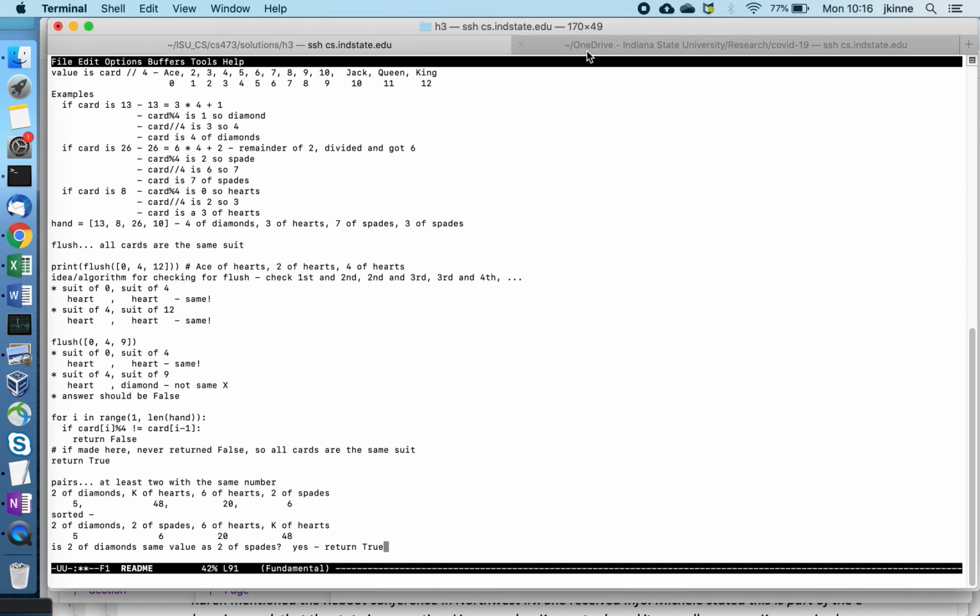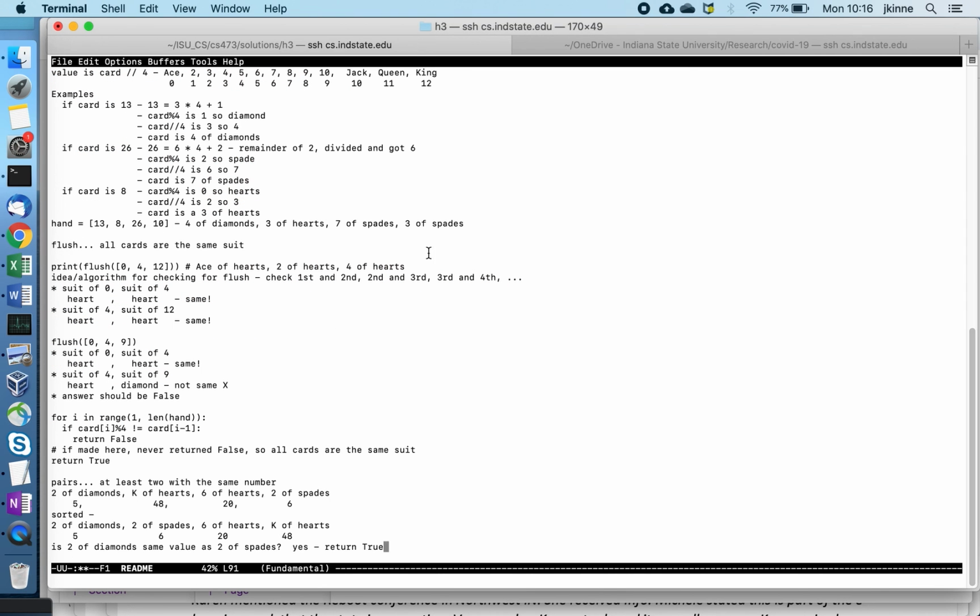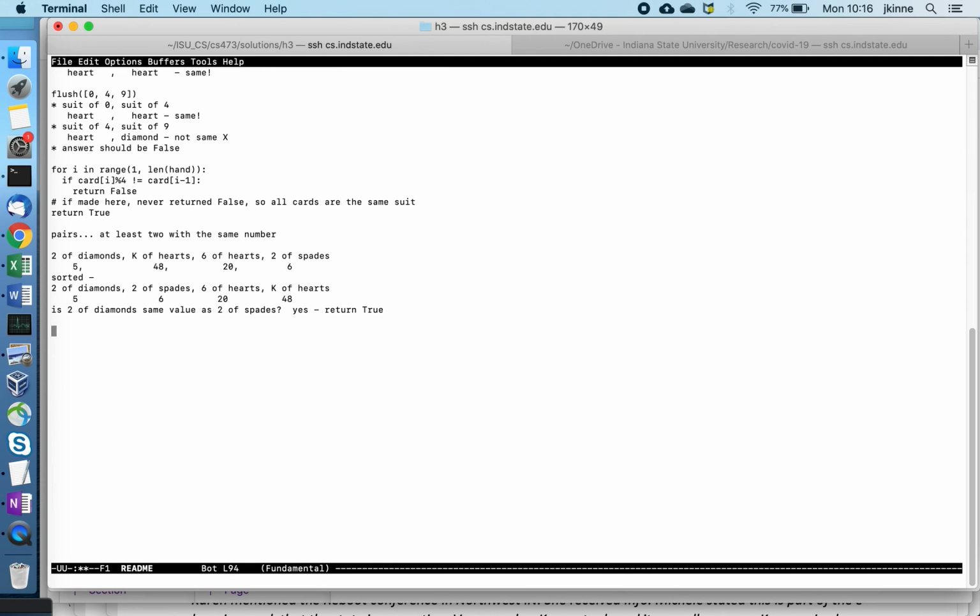If I take another one, let's take this one here. So this one here is going to be an ace of clubs. That's what a 3 is.